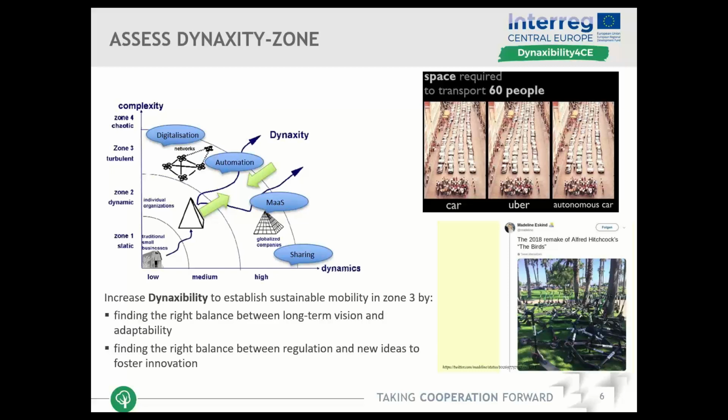The name behind it, this term Dynaxibility, comes from this idea of being able to balance the dynamics of these innovative mobility planning fields, and their complexity, to find a good area where you have enough flexibility to manage the uncertainties that come with this type of field, and move organizations from a traditional setup to this level of Dynaxibility where they're able to plan for the topics that we're talking about today.